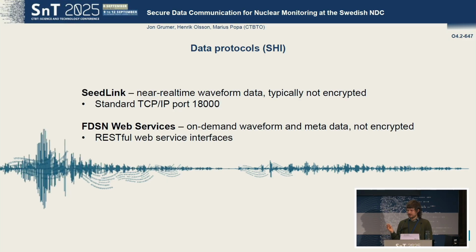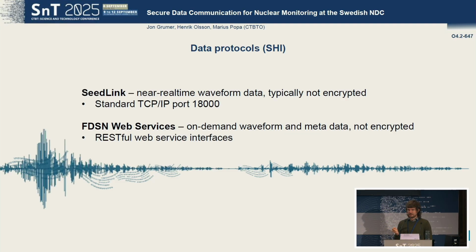Just a quick summary on the waveform side of things: the 2 most relevant protocols or architectures. SeedLink is the protocol used for real-time streaming. It's a TCP/IP protocol on port 1800, which is typically not encrypted. You can have encrypted SeedLink, but at least we don't use that.